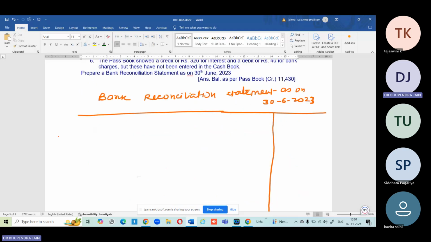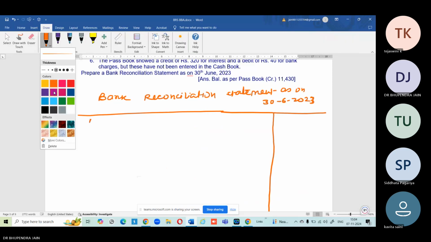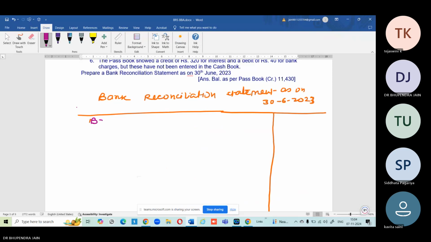What will we write first here? Balance as per cash book. Whose balance? Bank balance. Because under the cash book, double column or triple column, in a triple column cash book the first column is bank, second column is cash, and third column is discount.